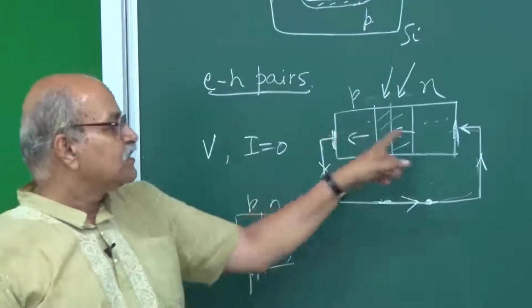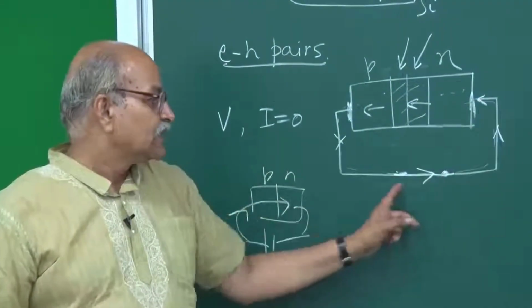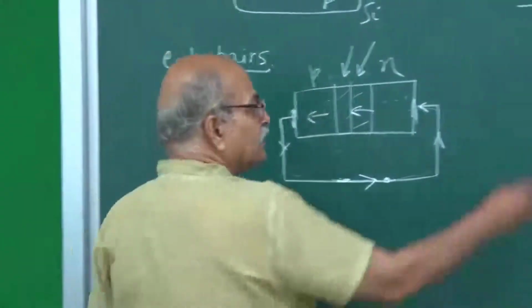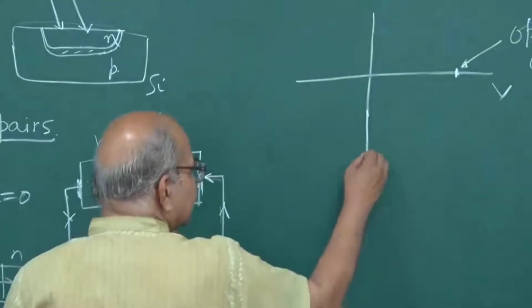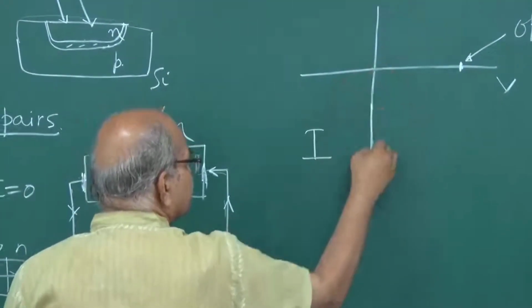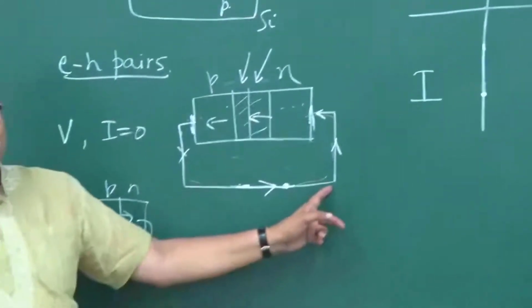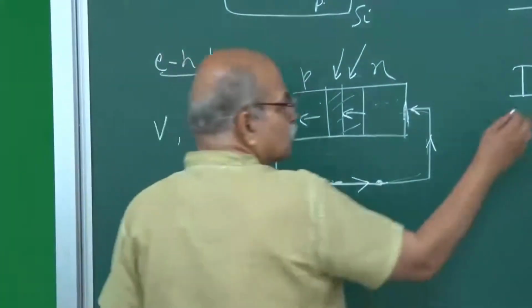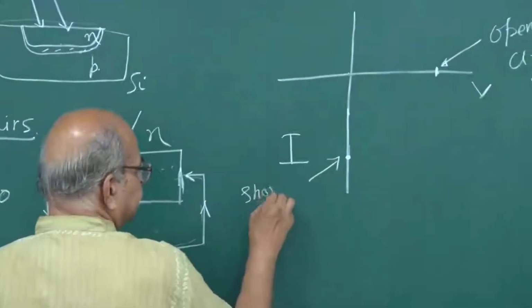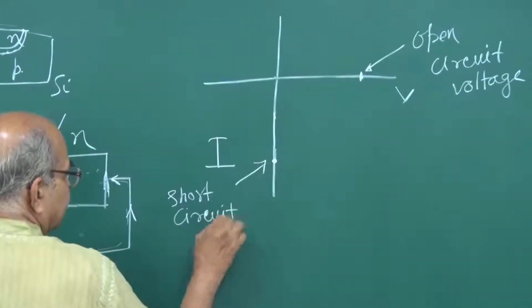What is the potential drop here? The potential drop is 0 because of no resistance. So on this characteristic, this point will be somewhere here. I have a current and the potential difference is 0. Since we have short circuited, this current is known as the short circuit current.